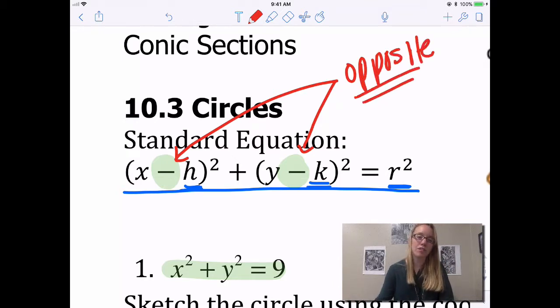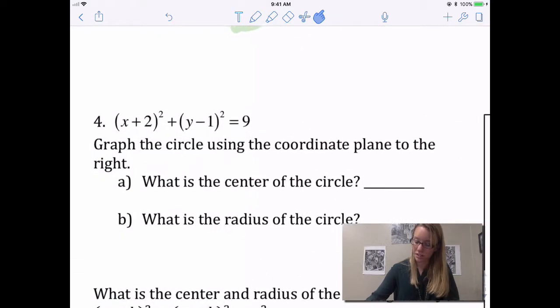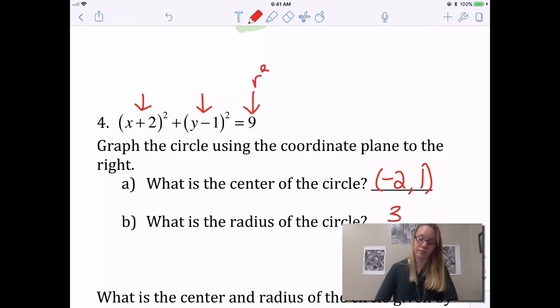Okay, so every time you see the h and the k in parentheses, you know that the original equation has a minus. So the center of the circle, I've got the plus, so my x value is -2. I've got the minus, so my y value is +1. And then the radius, this is r squared, so my radius is 3.